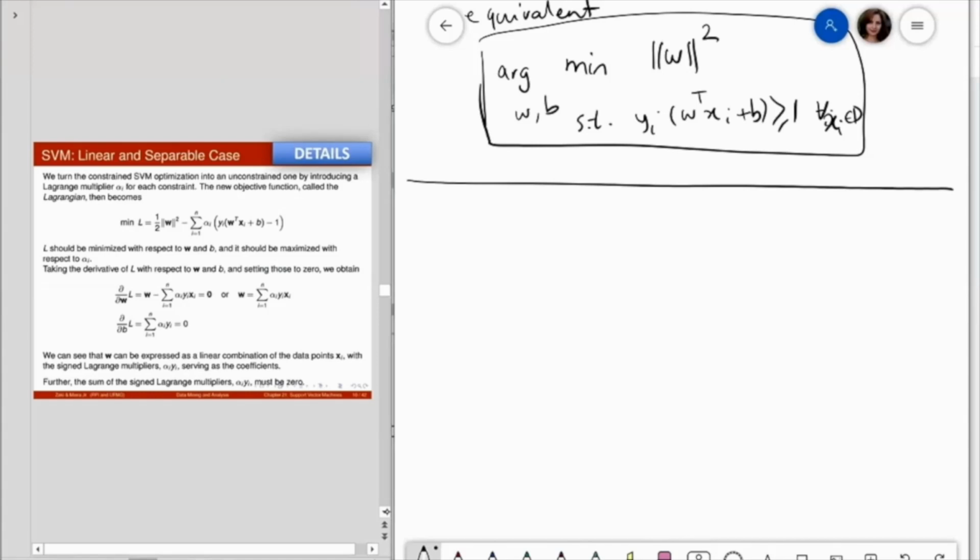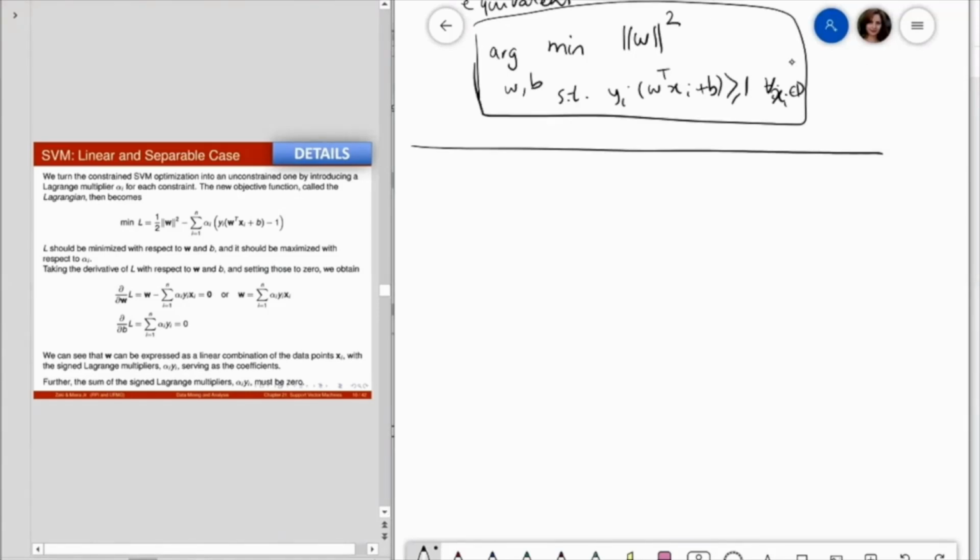So we are going to introduce some parameters, alpha i's, for each of these constraints that we have, yi (w transpose xi plus b), okay, and then we say that at the minimum point, so if we find this argument that minimizes w squared, this alpha i multiplied by yi (w transpose xi plus b) should be equal to 0. This is called the KKT condition.